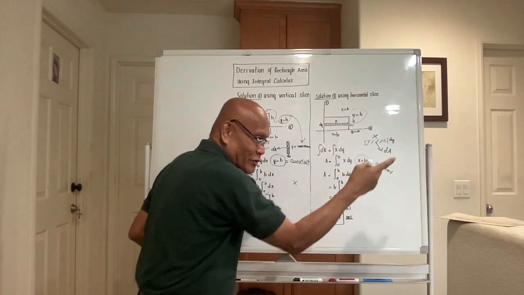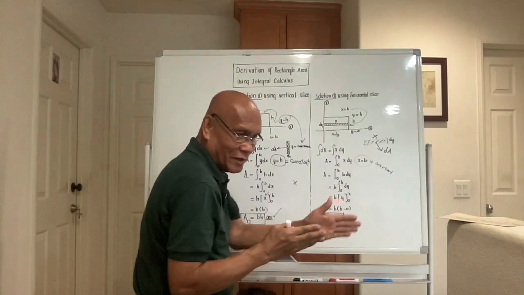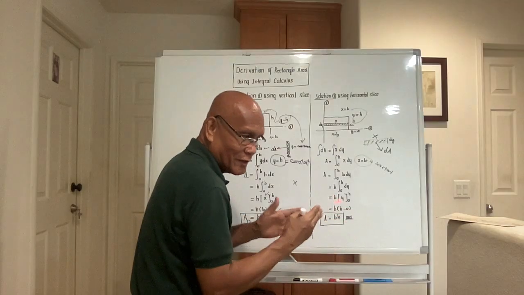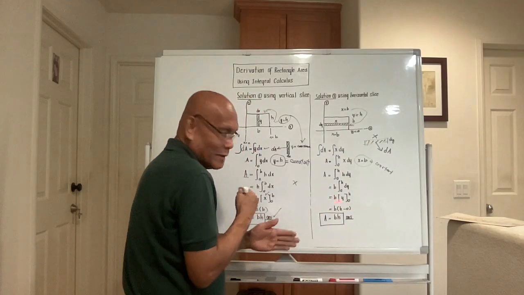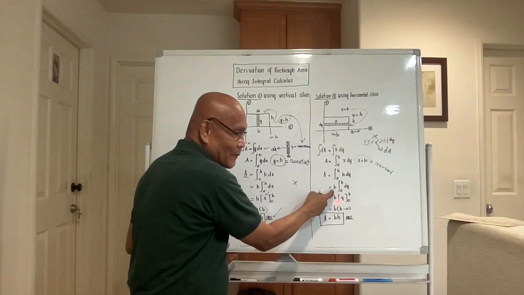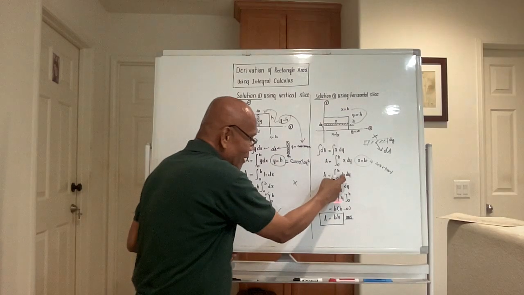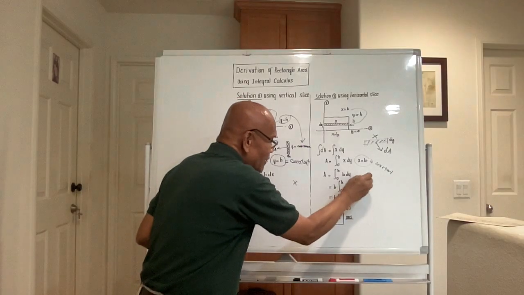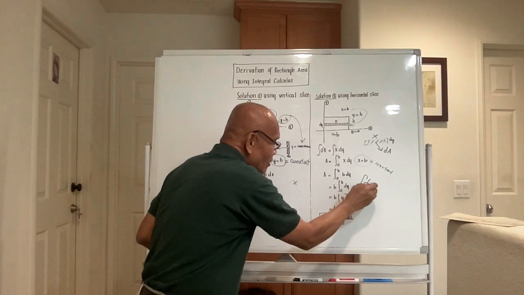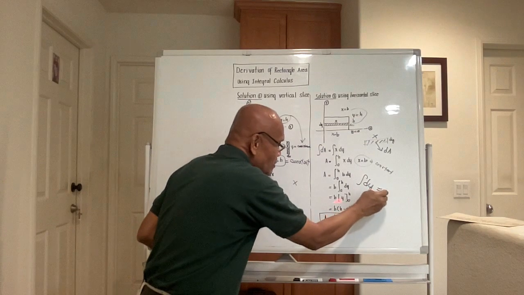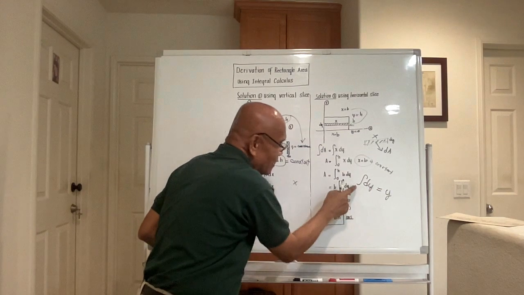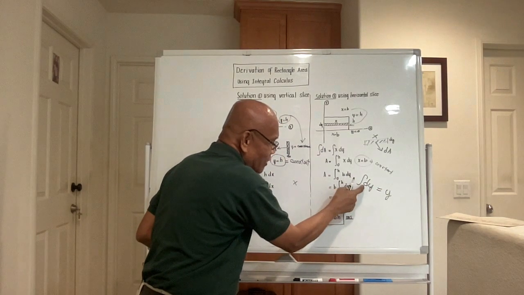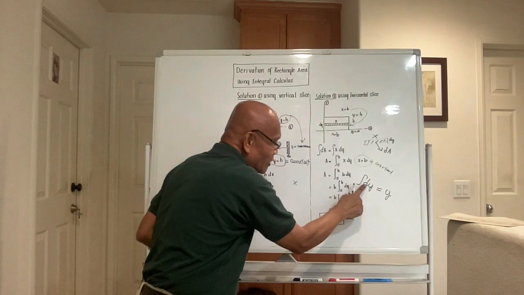The base is constant. As a rule in integral calculus, any constant inside the integral sign, we could bring it out. So this will be base, the integral from 0 to h of dy. And the integral of the differential of y will simply be y. When the integral sign goes near the differential, they cancel out each other.